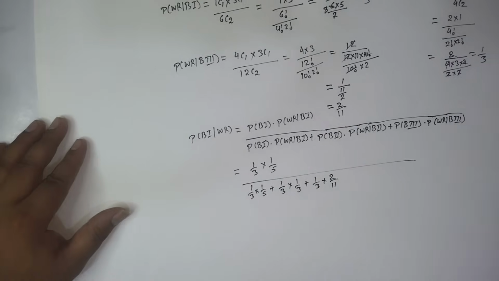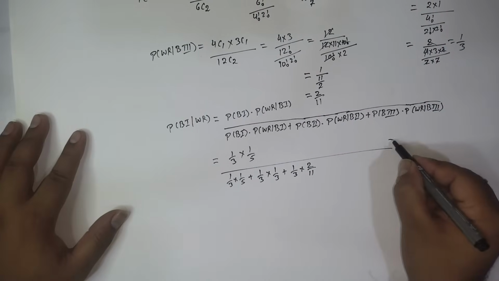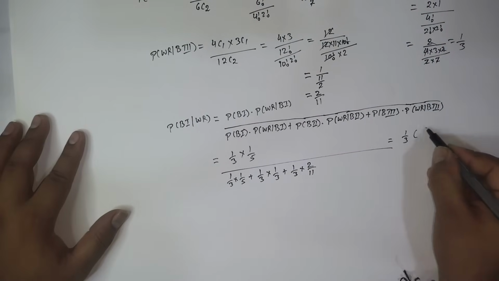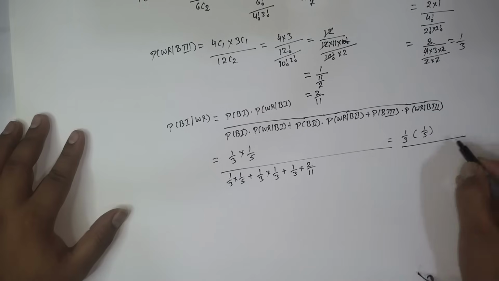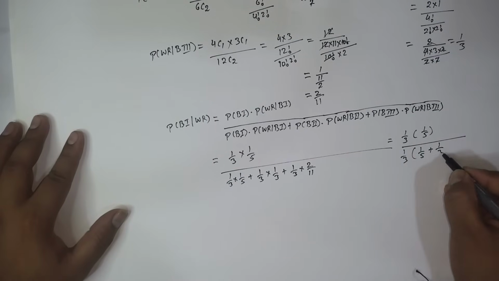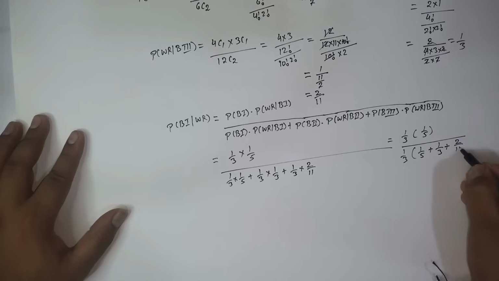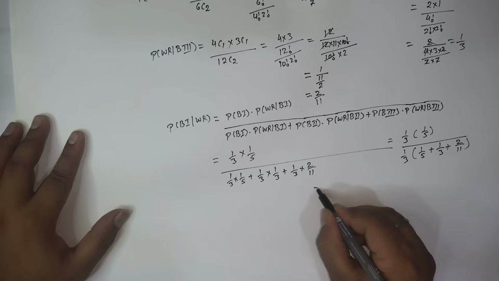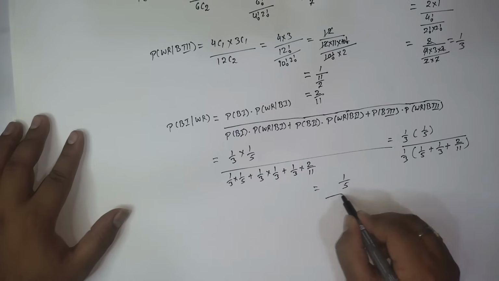We can take 1 by 3 common. By taking the 1 by 3 common, we will get 1 by 5 plus 1 by 3 plus 2 by 11.